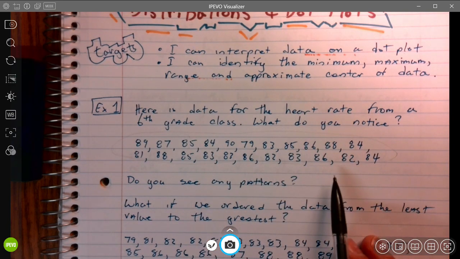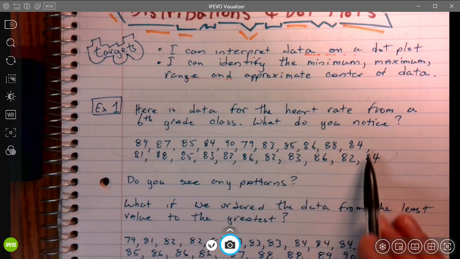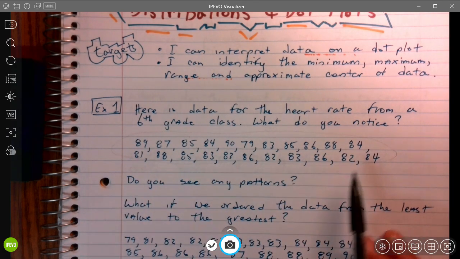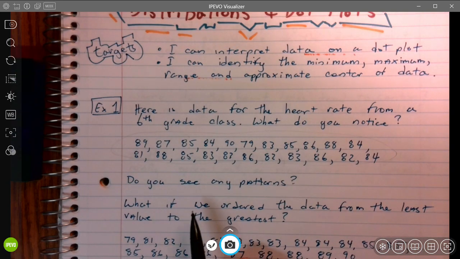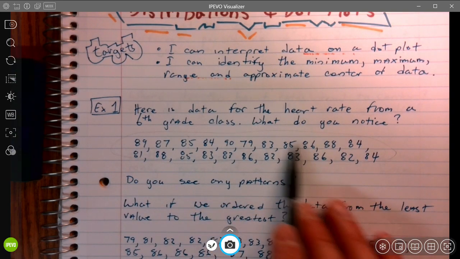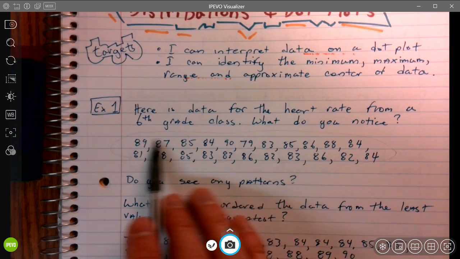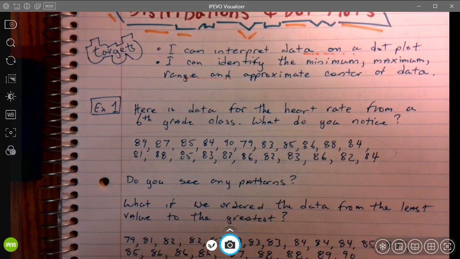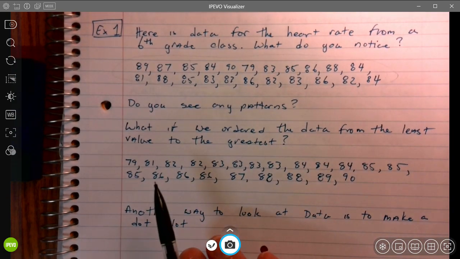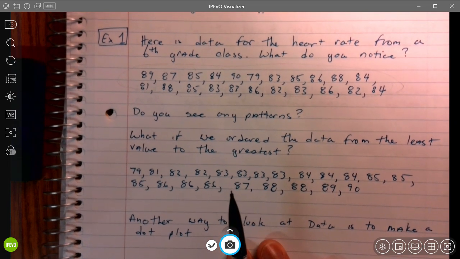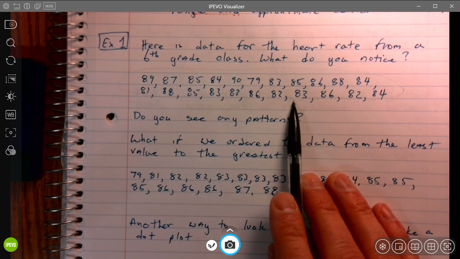They're kind of all generally in the same area, but they're all different, right? So what patterns do you see here? Do you notice any patterns in this data? Take a second to think about that. Pause the video if you need to. Okay. Well, maybe you don't, because this to me looks pretty confusing.